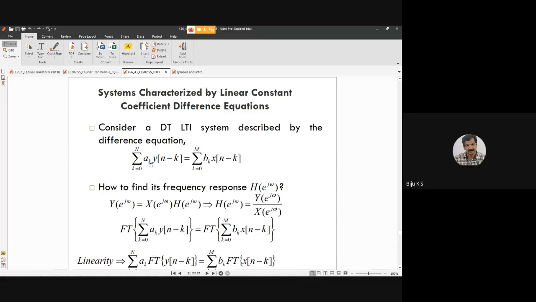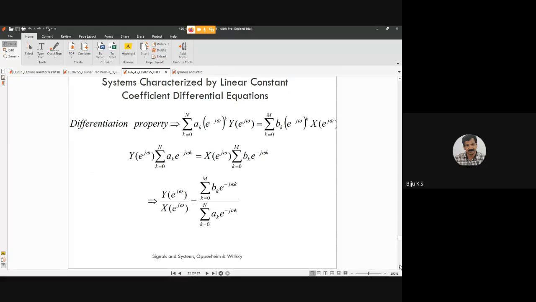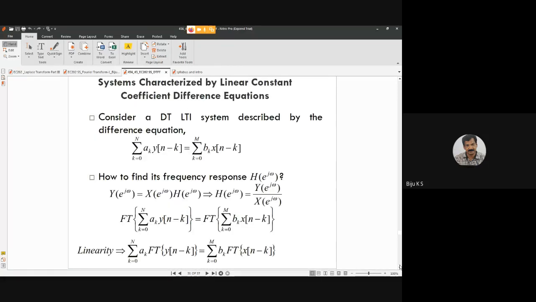So the Fourier transform of the left hand side and the Fourier transform of the right hand side. The system is linear because it is an LTI system, a linear time invariant causal system, so it obeys the linearity property.